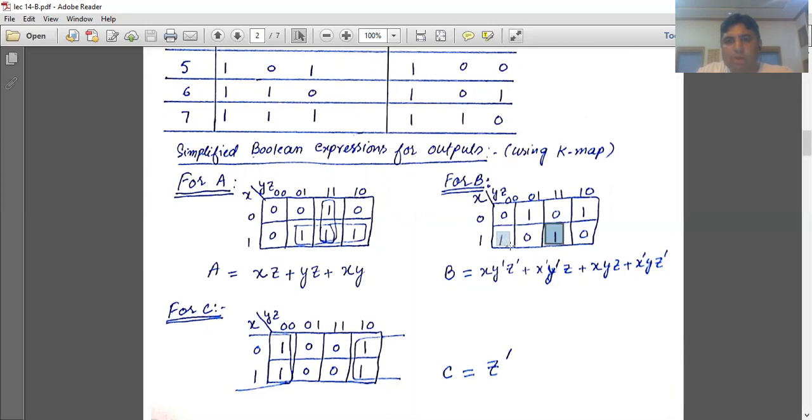So this one will be x y bar z bar, and this one will be x bar y bar z, and this one will be x y z, and this is x bar y z bar. Okay, so this is the simplified Boolean expression of output B. No more simplification can be done for this.